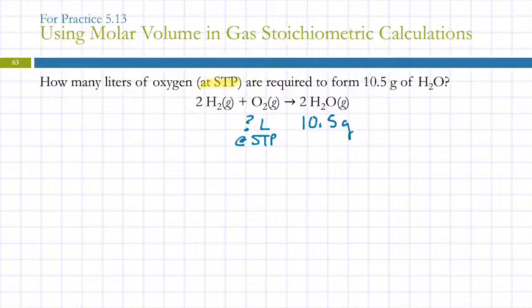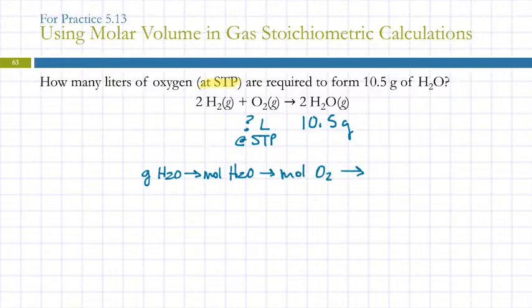Okay, so stoichiometry is usually grams to moles to grams, but this time we're going to liters at the end. So it's going to be grams of water. I'll write this down. Grams of water to moles of water to moles of oxygen. Now instead of grams, we're going to go to liters of oxygen.